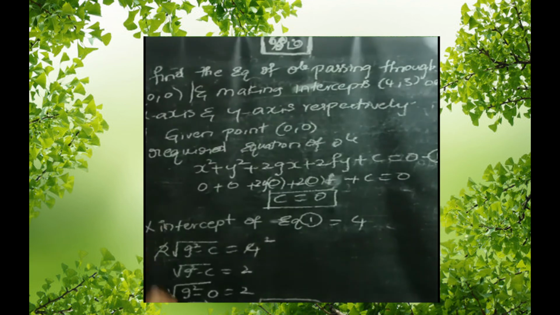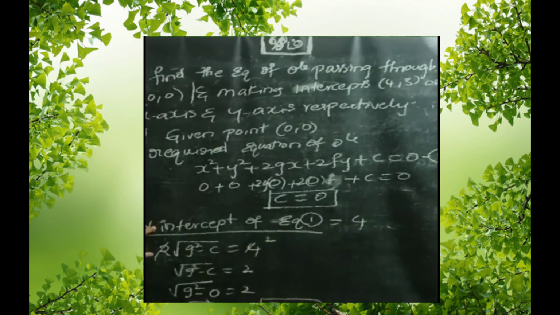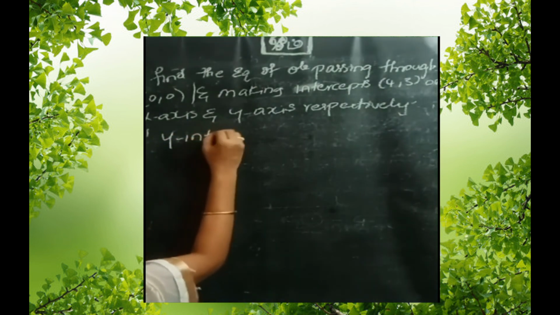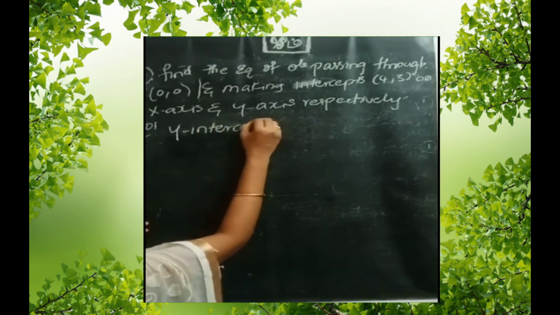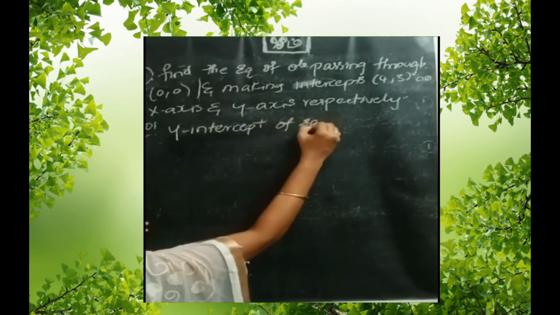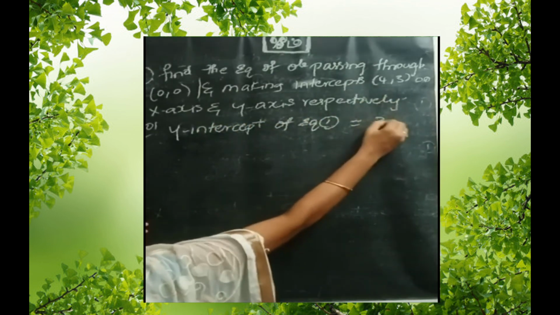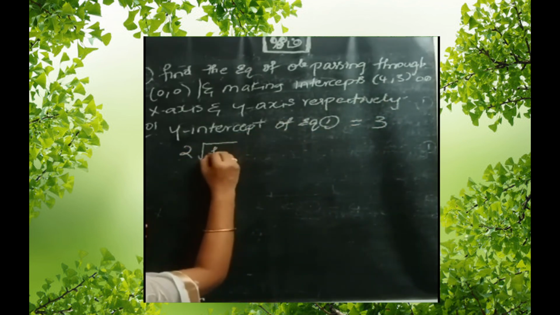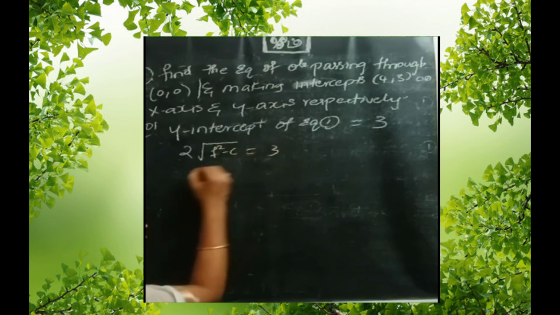This is the x-intercept, and next we go for the y-intercept. What's the formula for the y-intercept? The y-intercept of equation 1 is given as 3. The formula is 2 root of f square minus c equals 3, with c equal to 0.